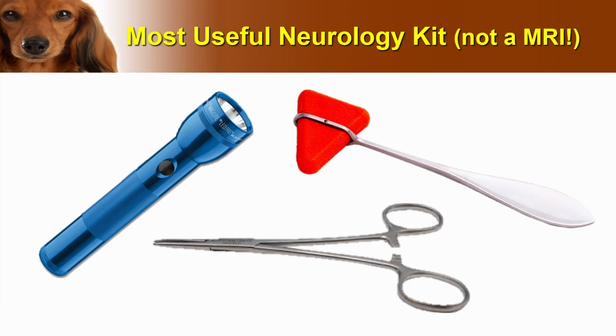Because they are how I do a neurological exam, and a neurological exam is by far the most important test that you will do on any patient that you suspect to have neurological disease. So the 3 bits of essential kit for me are a bright light. I don't just mean that old pen torch with the battery that's faded, that's in the back of the drawer.